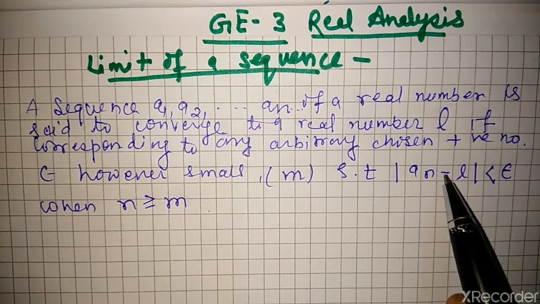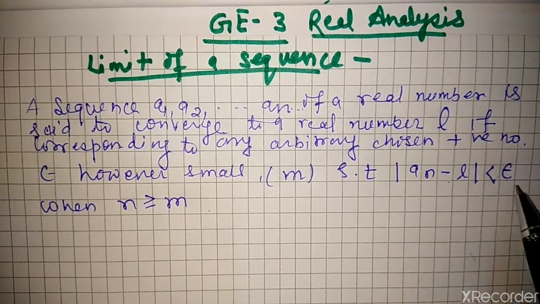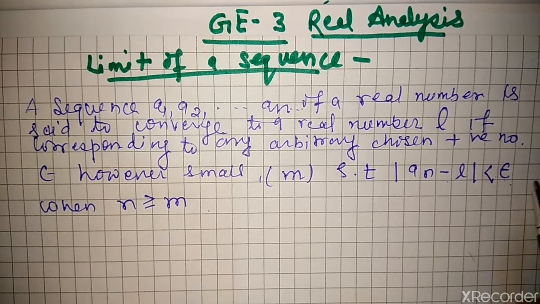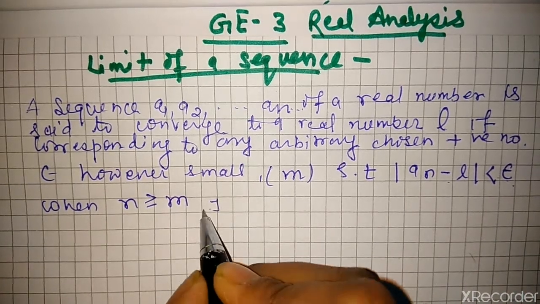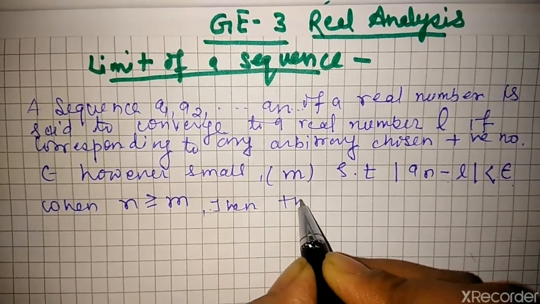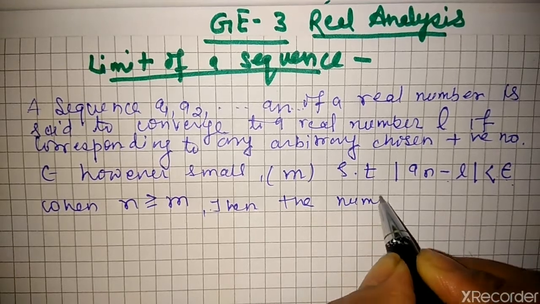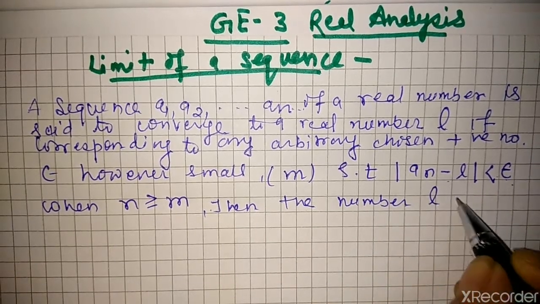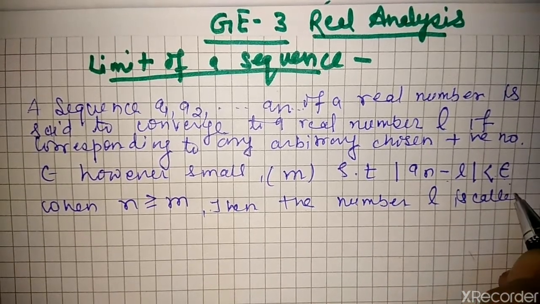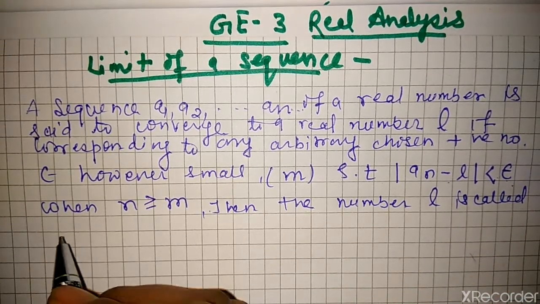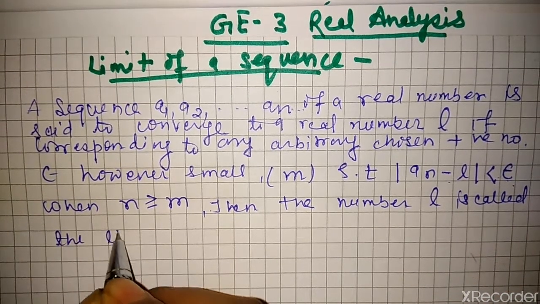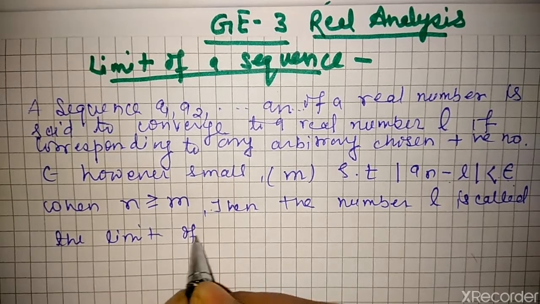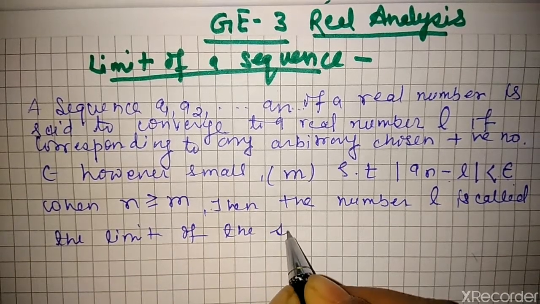So if this condition holds, then we say that the number L is called the limit of the sequence an.